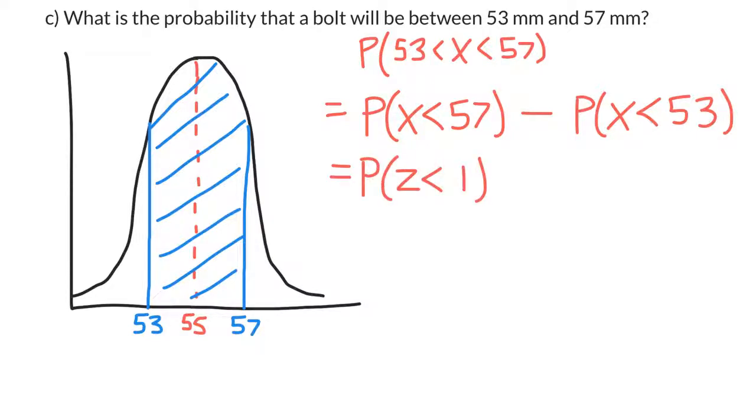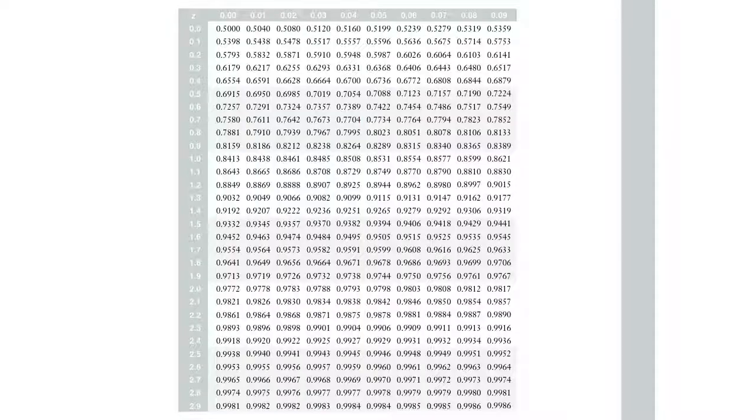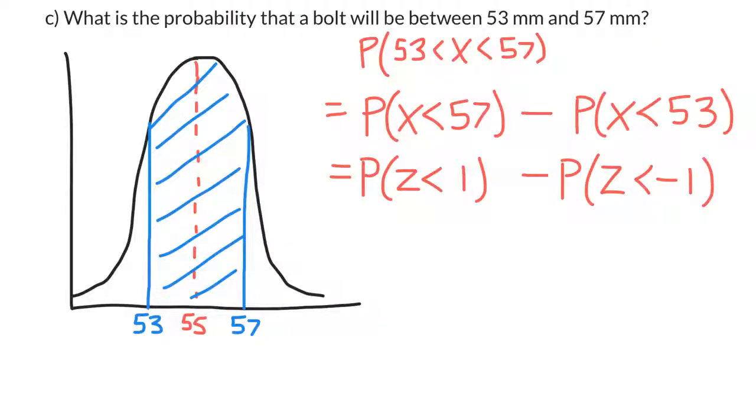And you can figure out the z-scores. I'll just do it for you. A length of 57 has a z-score of 1, and the probability that the length is less than 53 millimeters is the probability that z is less than -1. So my z-score of 1 is here, so that's the probability that the z-score is less than 1. The probability that z is less than 1 is 0.8413. And then I can look up the z-score of -1.